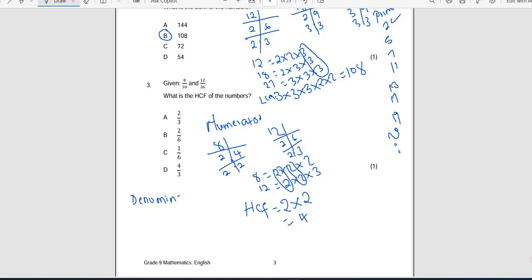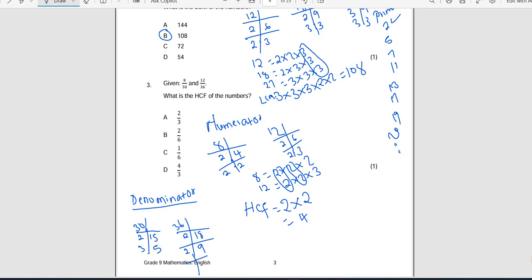So now let's work out the denominator. The denominator is 30 and 36. So let's start with 30: 2 and 15, then 3 and 5. And then for 36, I have 2 and 18, and then 2 and 9.